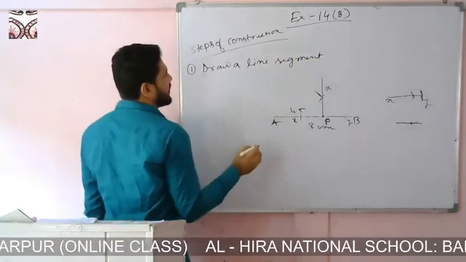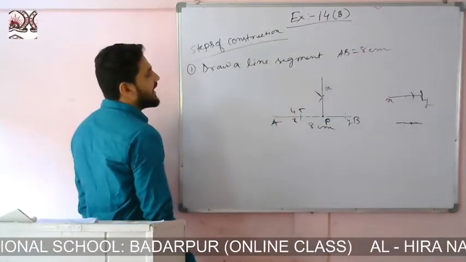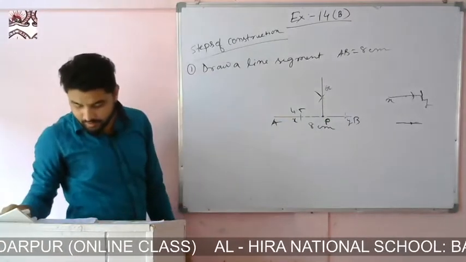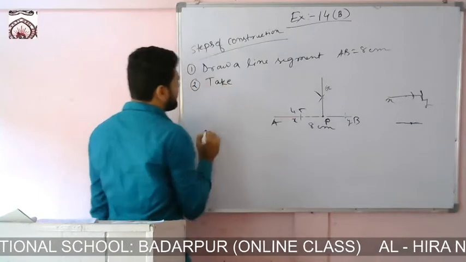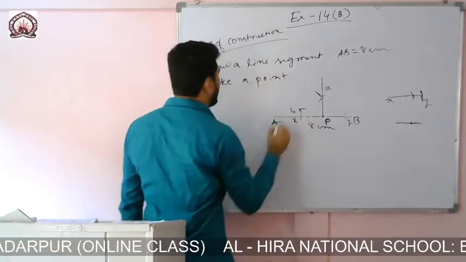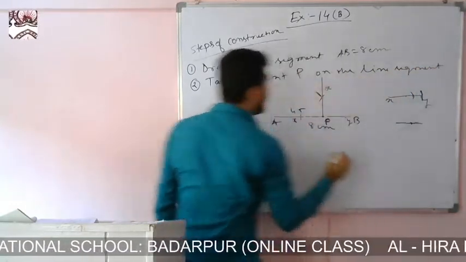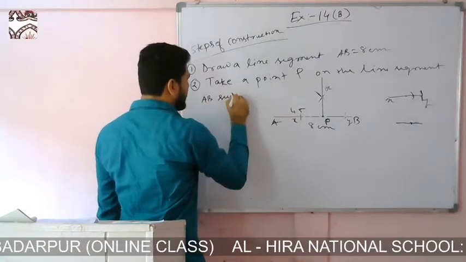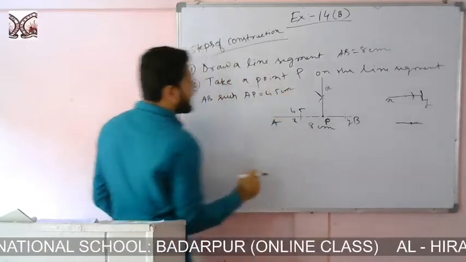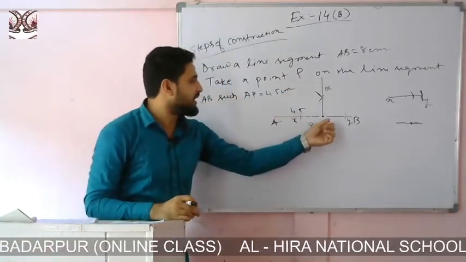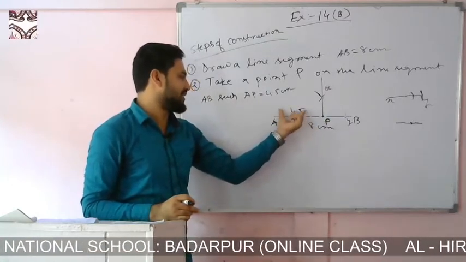Number 2: Take a point P on the line segment AB such that AP equals 4.5 centimeters. That means from A to P the distance will be 4.5 centimeters.